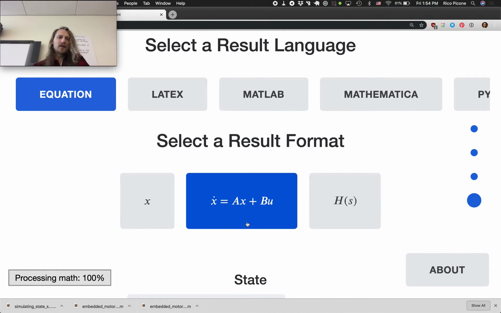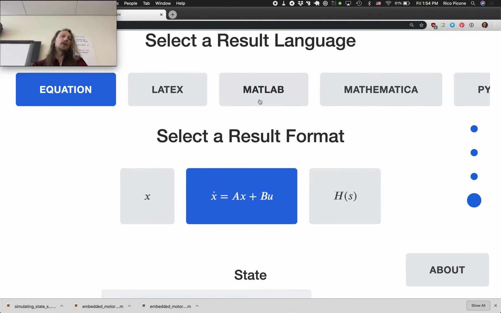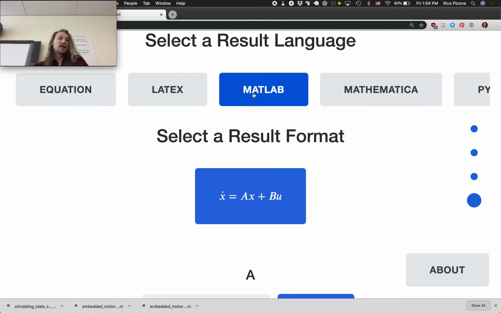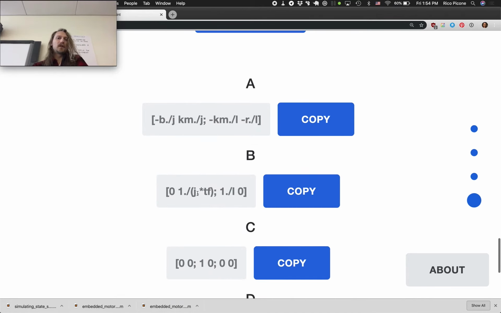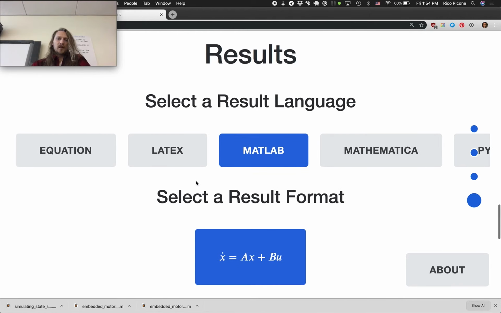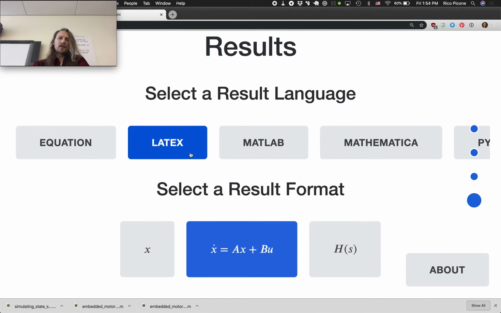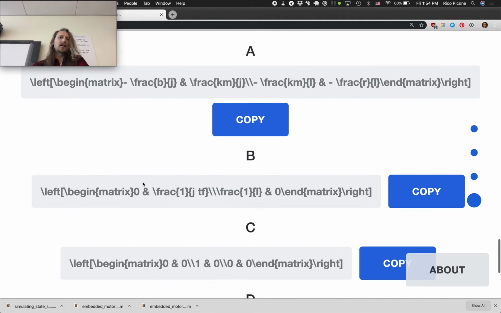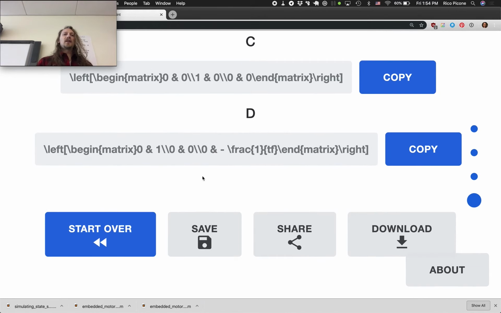And you can also copy it out, like if you're going to put it into MATLAB, this gives you the ABCD matrices. You could also do LaTeX, where it gives you the LaTeX code to copy and paste into a document. So it's pretty nice. You can save it. I'll save this with a photo of the analysis as I did it, and then I'll send it out to you guys.